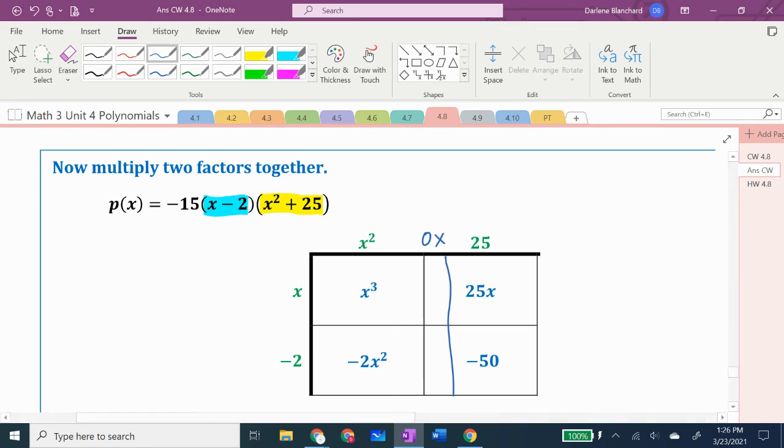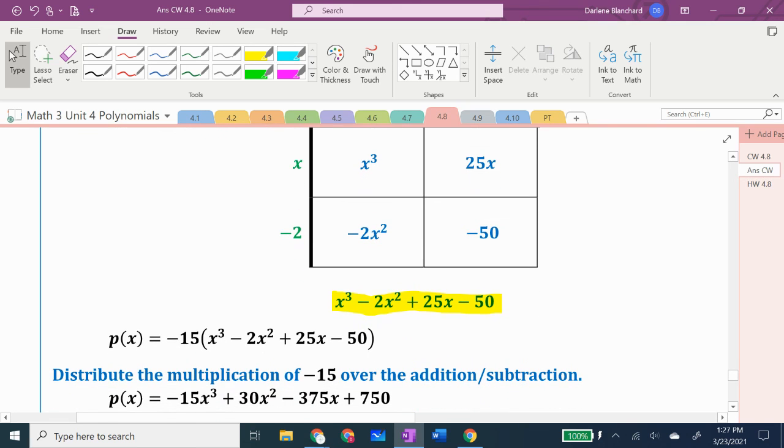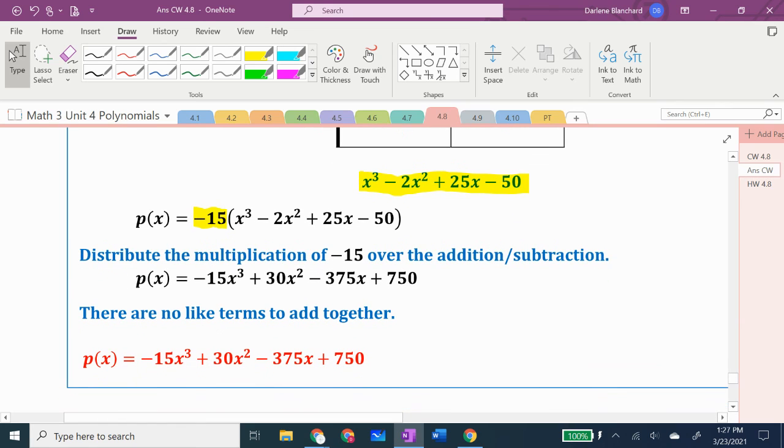If you don't do that, make sure you're very, very careful about adding like terms, because none of these are like. Adding together everything you get from that multiplication, and then multiplying that by the leading coefficient, you end up with this polynomial. And that's it.